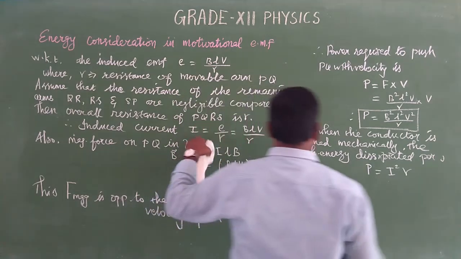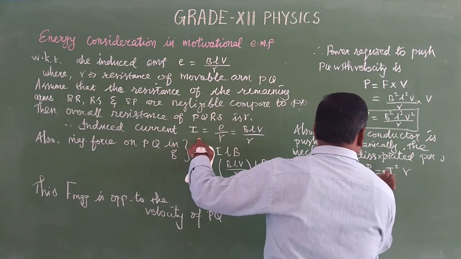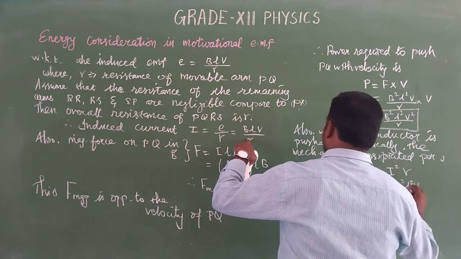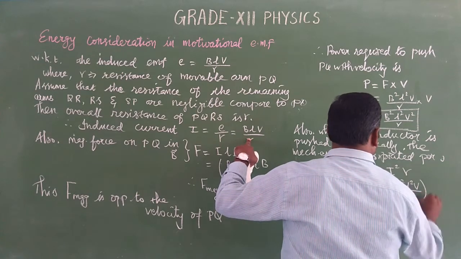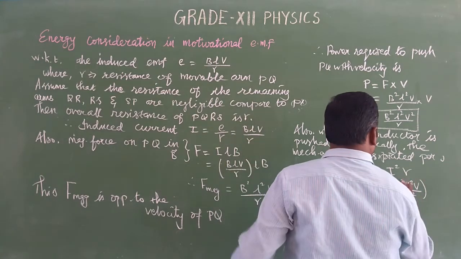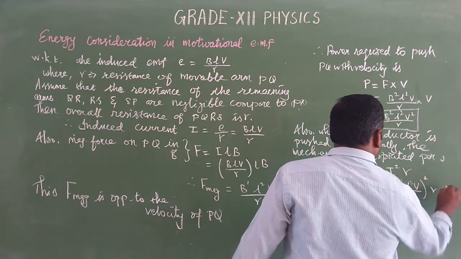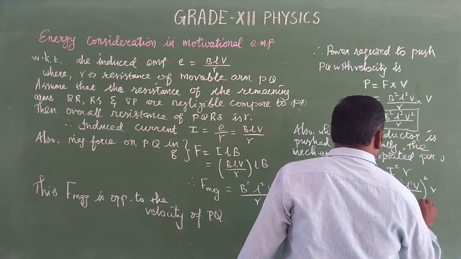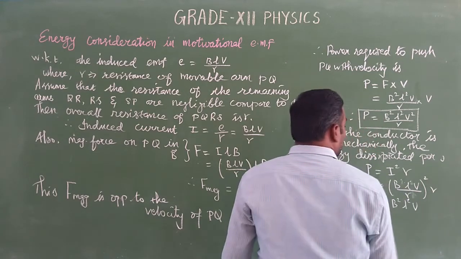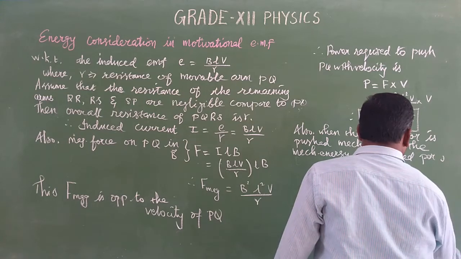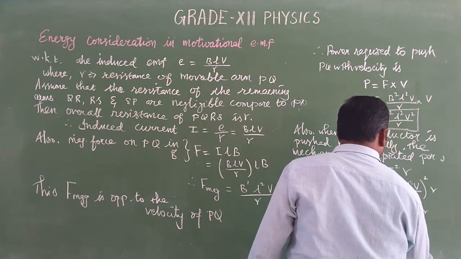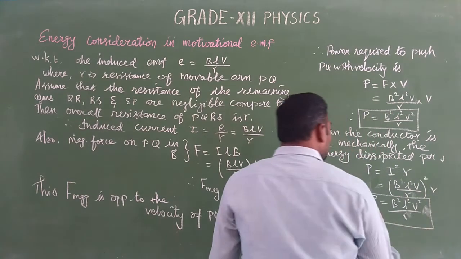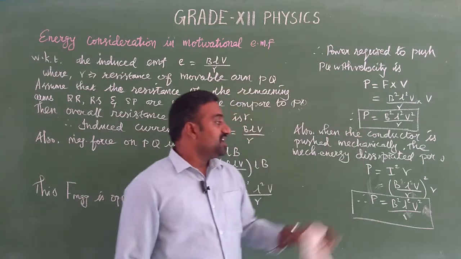I we already have, so P is equal to B square L square V square by R square, into R. R square into R becomes R, the R cancels. Therefore, this power is the same as the power needed to push.